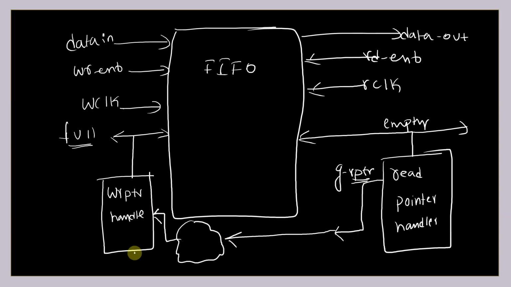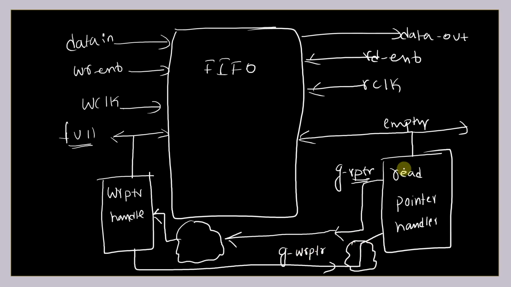Similarly, the write pointer handler gives the read pointer handler the write pointer information in gray format, and it is also passed via a 2-flip-flop synchronizer. So this is how an asynchronous FIFO is going to work.